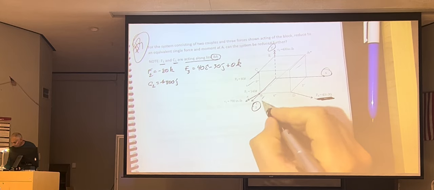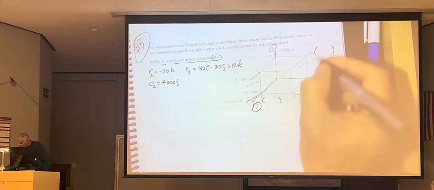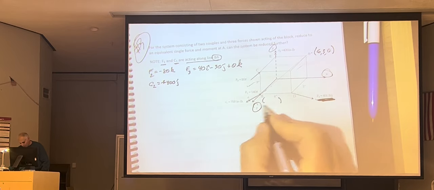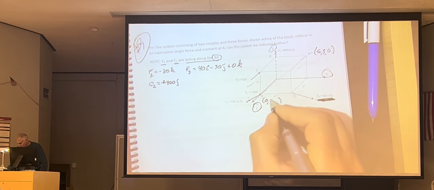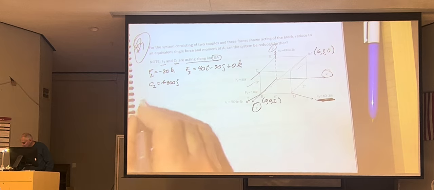Well, I need the coordinates of B and the coordinates of A. Coordinates of A are 6, 3, 0. Coordinates of B are 0, 0, 2. 5-step process. Here we go.